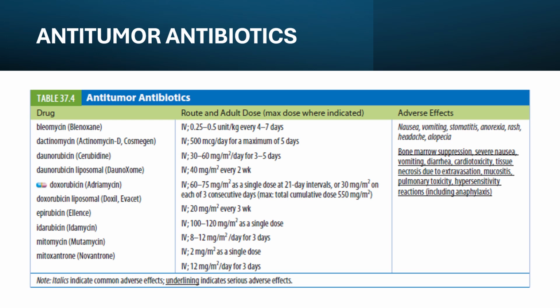Now, anti-tumor antibiotics. Anti-tumor antibiotics are drugs obtained from bacteria that have the ability to kill cancer cells. Although not widely used, they are effective against certain tumors. The anti-tumor antibiotics are listed here in this table.